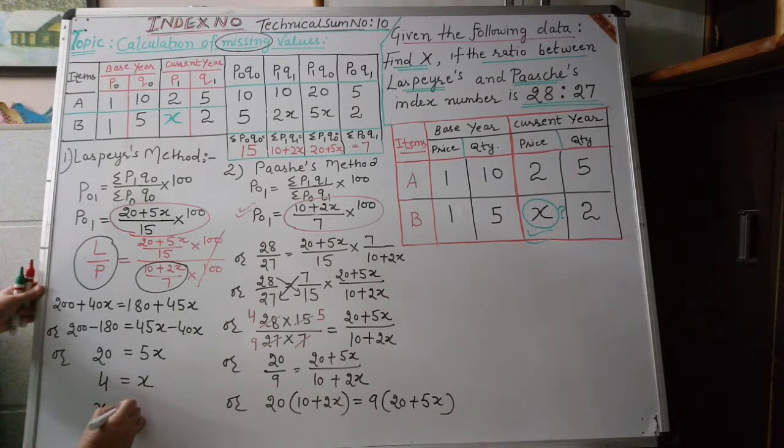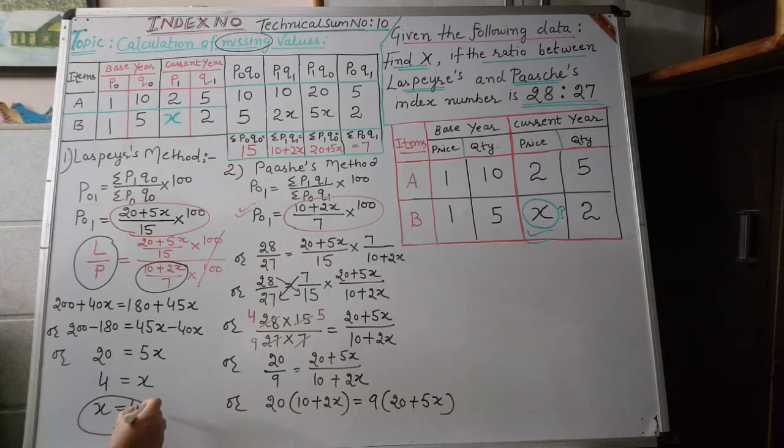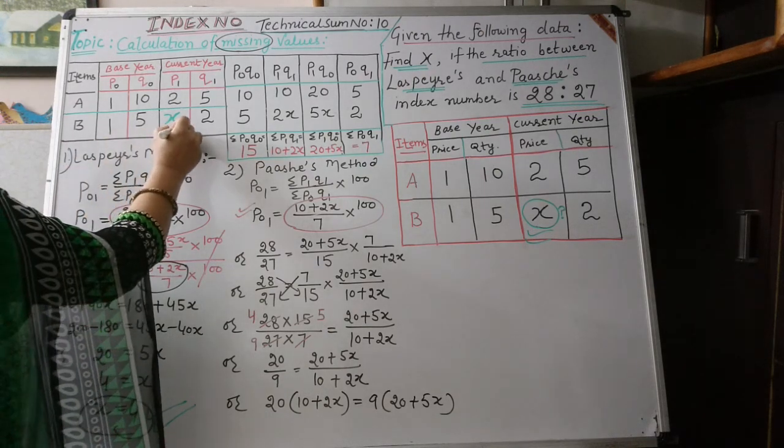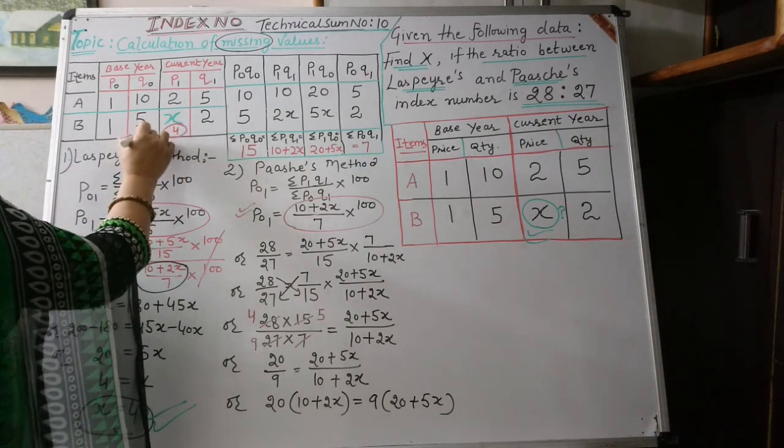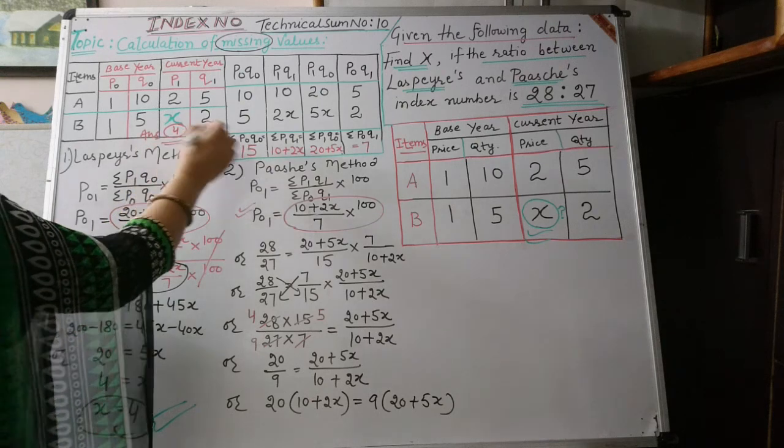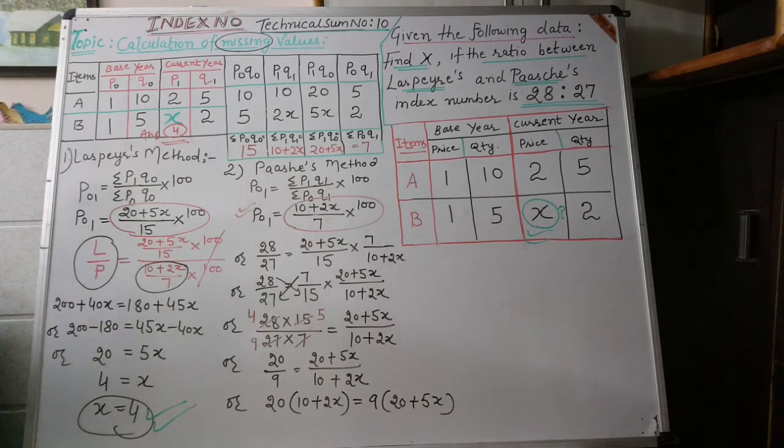So the value of x is 4. We have found the value of x, which is 4. This is the answer. So that's all regarding this numerical.